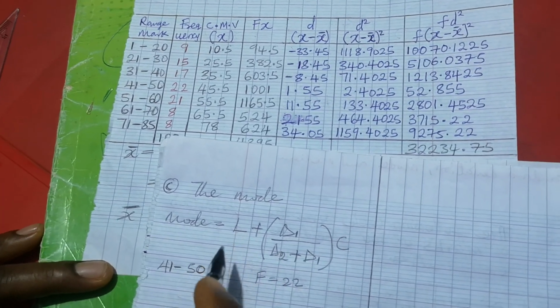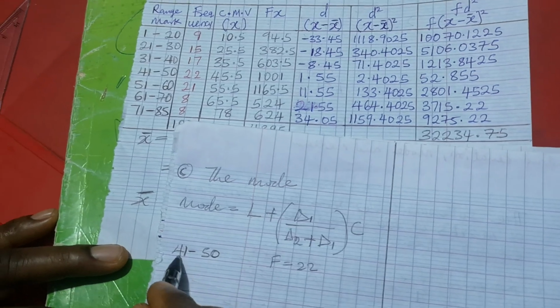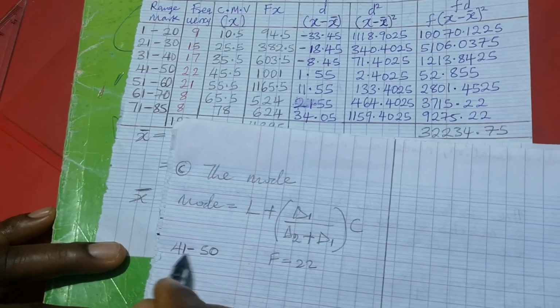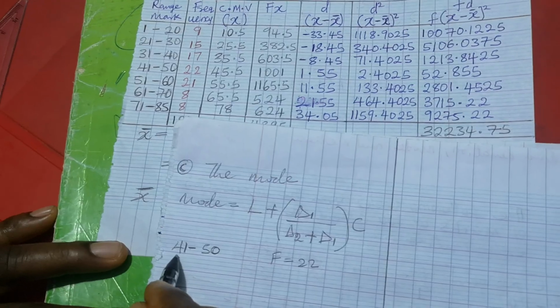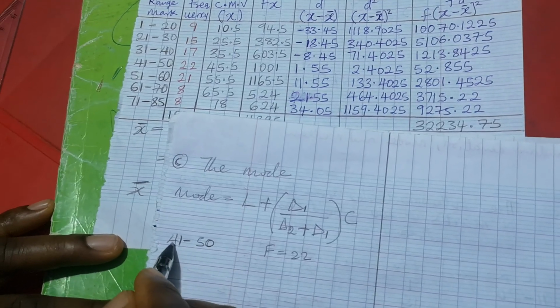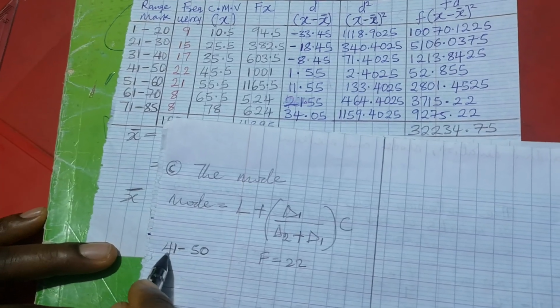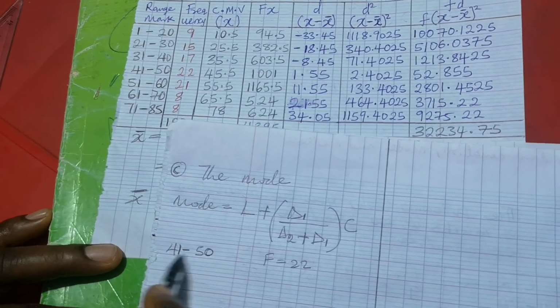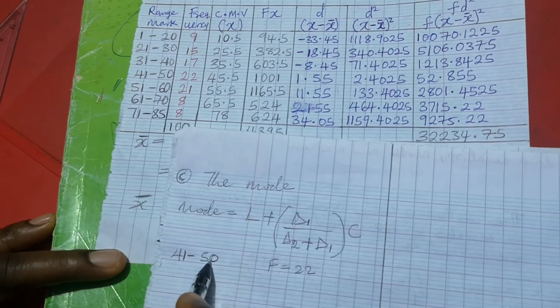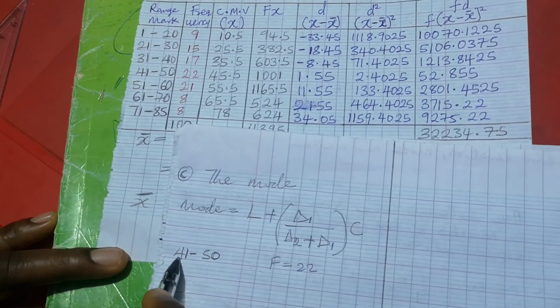Now, how do we find our L? Our L is gotten by finding the lower class boundary of this class. To find the lower class boundary, we will subtract 0.5 from the lower class limit. 50 is the upper class limit, and 41 is the lower class limit.